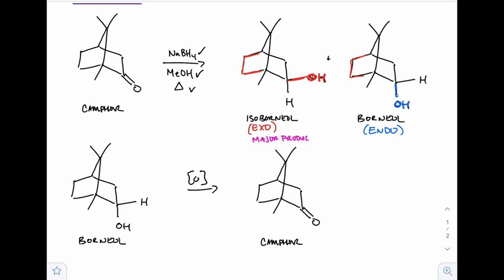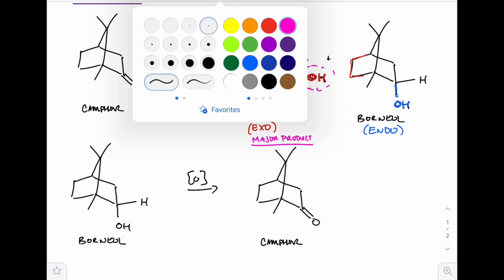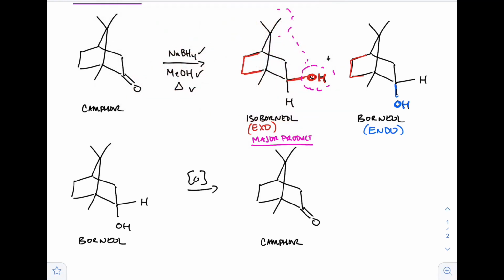Okay. Now, why would this be? Because to me, it looks like this guy right here is in closer proximity to the methyls, right? And so there's a little bit of steric hindrance there. That's true, but if we take a look at the mechanism, which we don't need to go into too much detail, let's just look at this because we've seen this reduction of a ketone before.